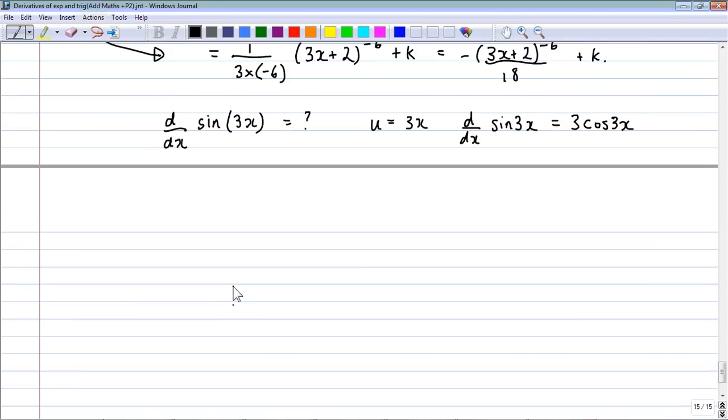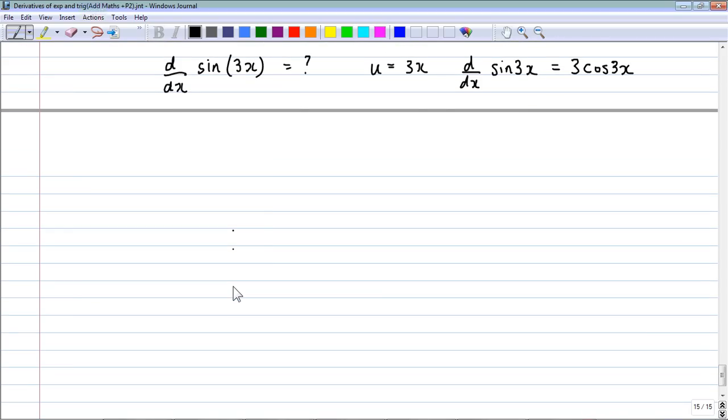So I don't want to look at too many examples like that. You should be able to do anything of this form. For example, tan of pi over 7 minus x. The answer to this would be minus sec squared of pi over 7 minus x. Check that you understand that.